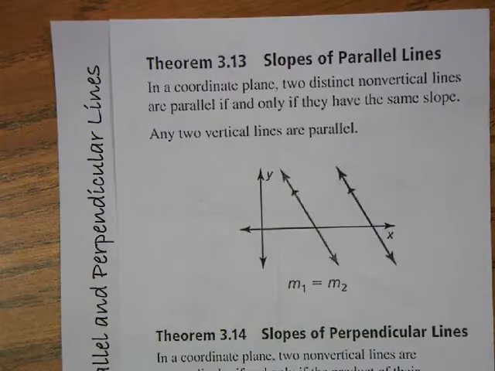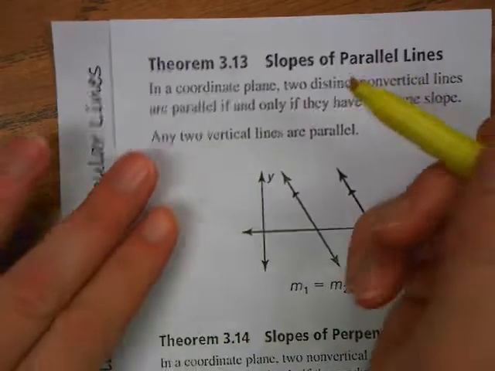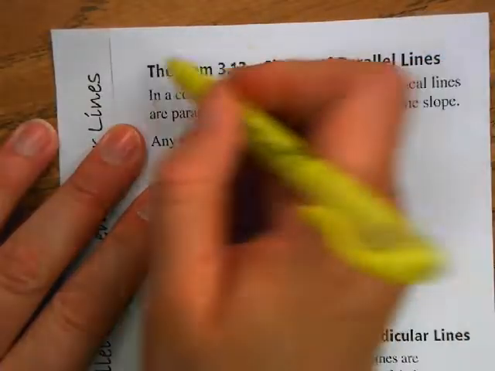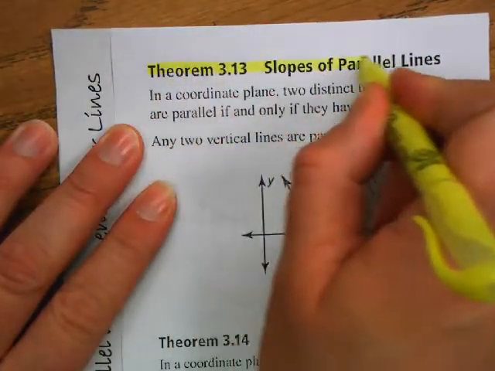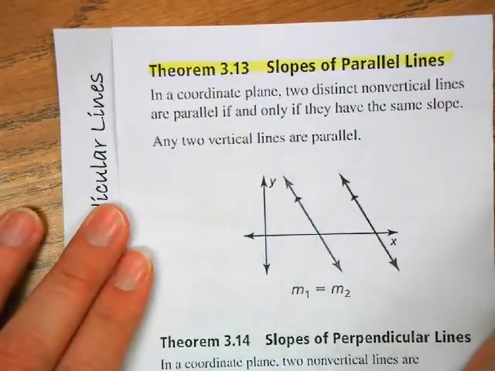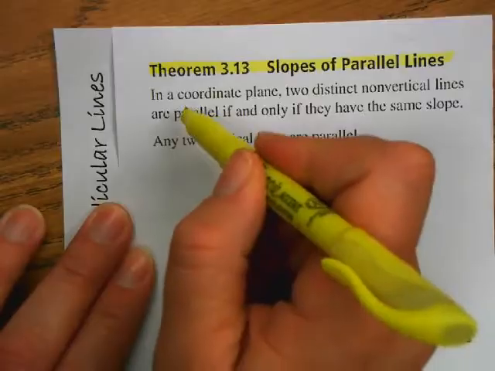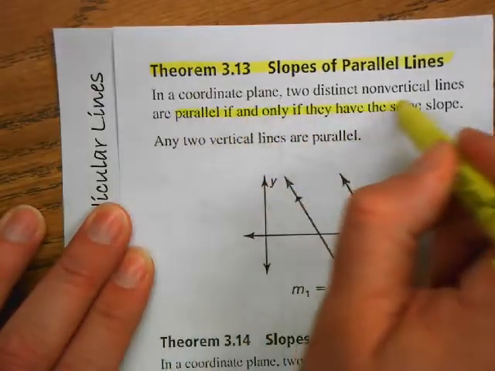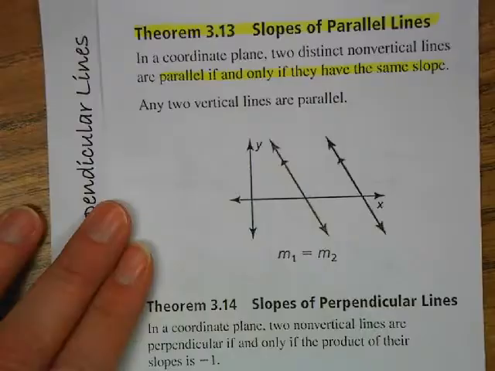And again, that's something you are already familiar with, but now you need to know that there is a theorem for that. So Theorem 313 is about the slopes of parallel lines, and lines are parallel if and only if they have the same slope.